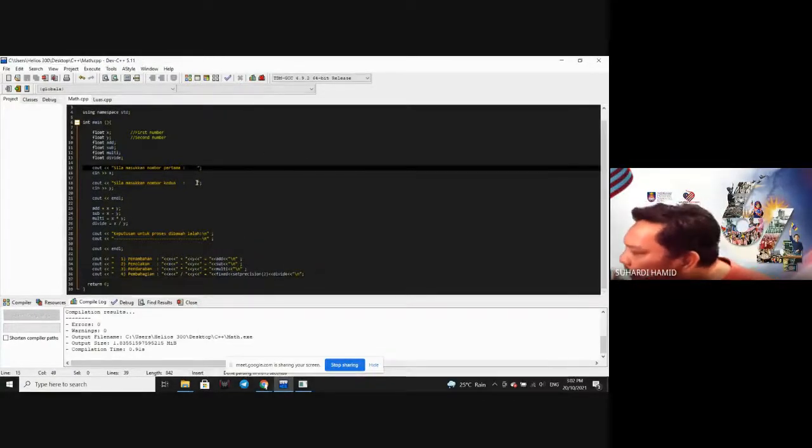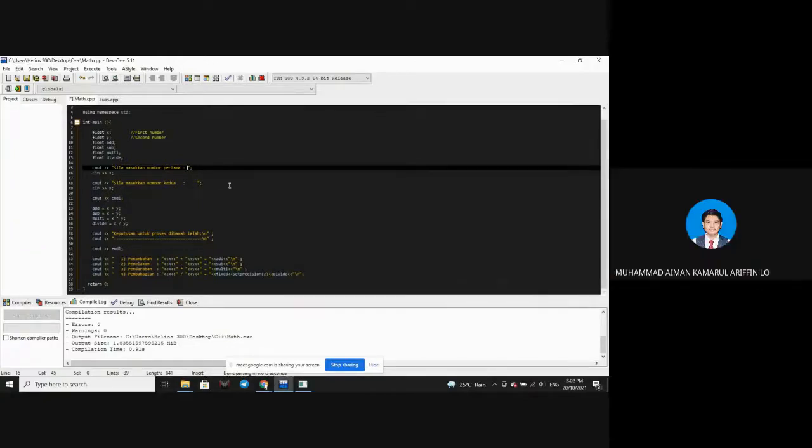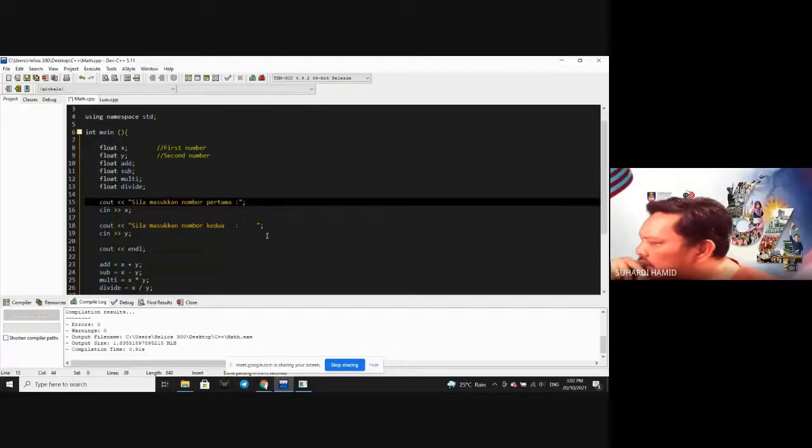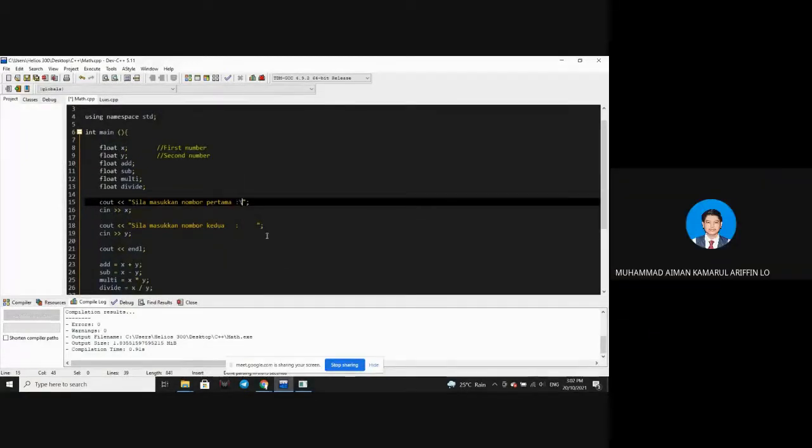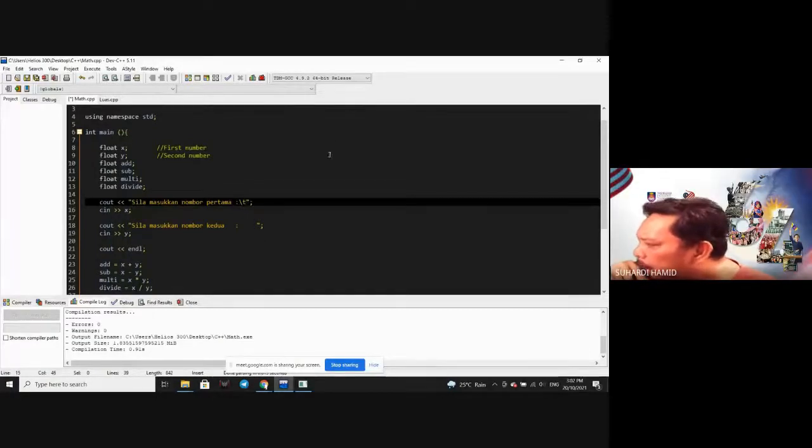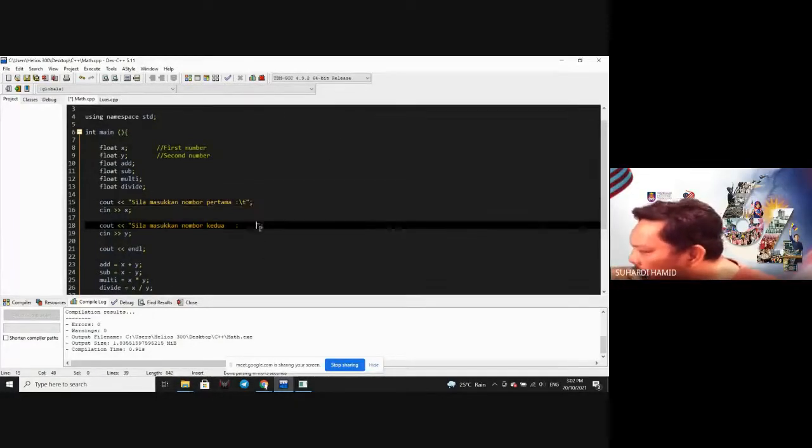Bring that closer to the colon, next to the colon, and you put \t. Backslash t. Do the same thing underneath.